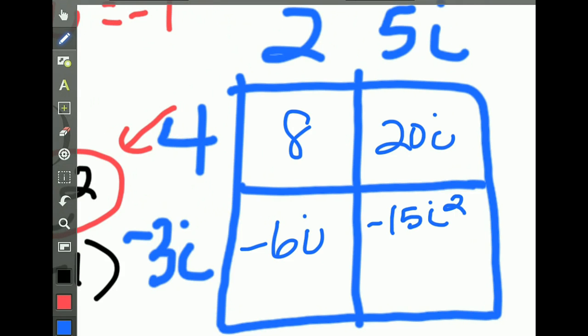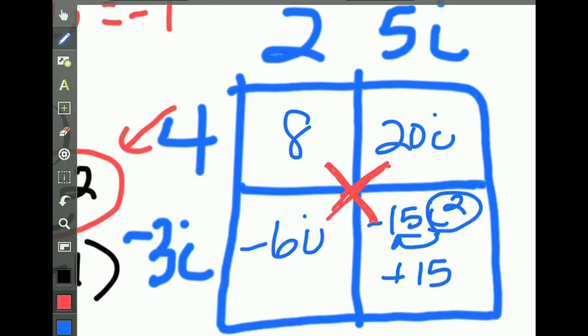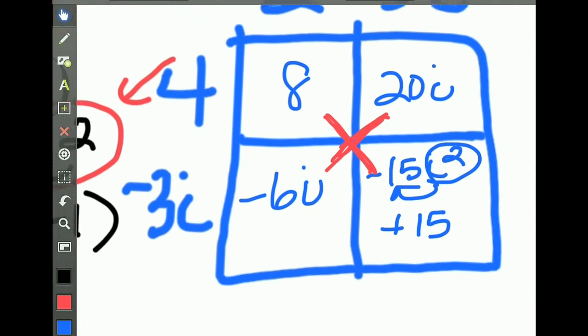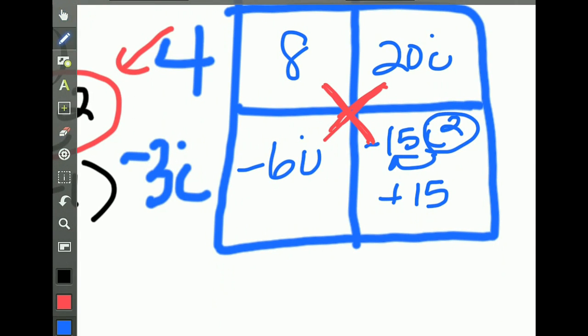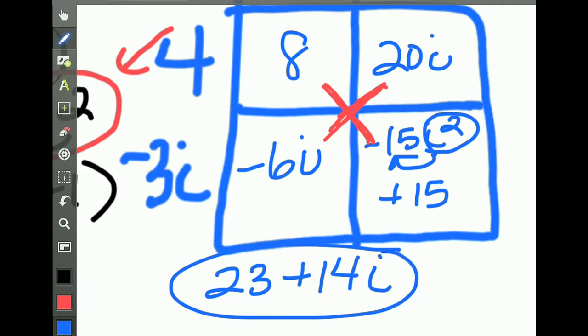But again, this changes to -1, so what it really does is flip the sign of this. So you get +15. Now you actually have the capacity to combine diagonally. You've got i's here, and you have whole numbers here. So now when we combine those, we would get 23 plus 14i, the same answer we got when we did it by FOIL.